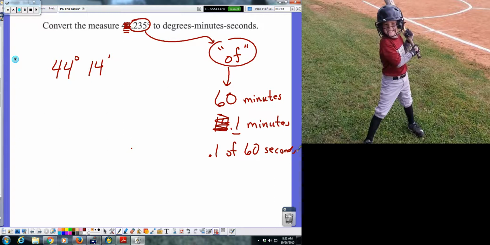But we only have 0.1 of those 60 seconds, so again you multiply. 0.1 times 60, I believe you get 6. So written in DMS form, degrees, minutes, seconds form, we have 44 full degrees, 14 minutes, which we know there's 60 in a whole degree, but we only have 14. And then an additional 6 seconds, 6 out of 60.